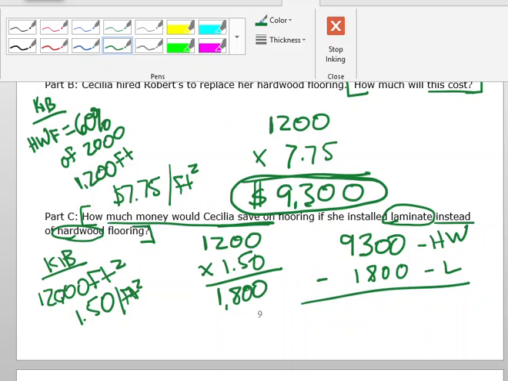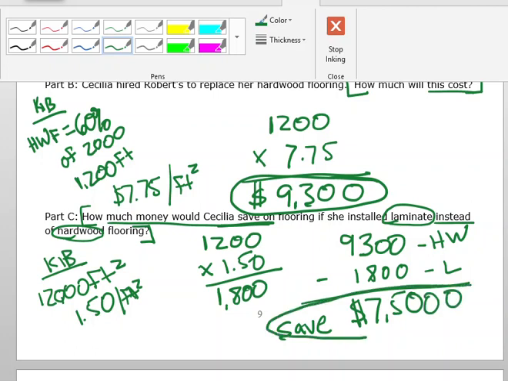Okay, so she would save $7,500 if she went with laminate flooring instead of hardwood flooring. And of course, I just put here $75,000, so forgive me, let me erase that zero. She would save $7,500.